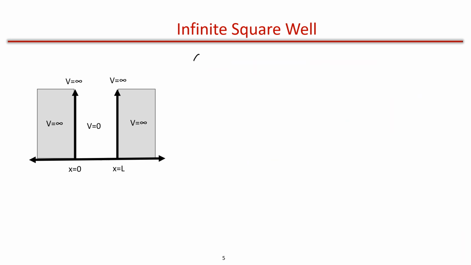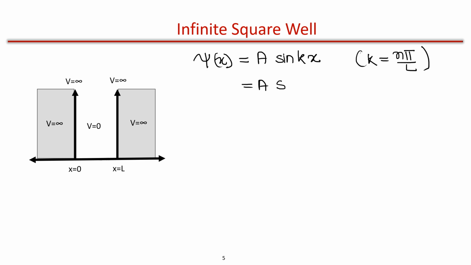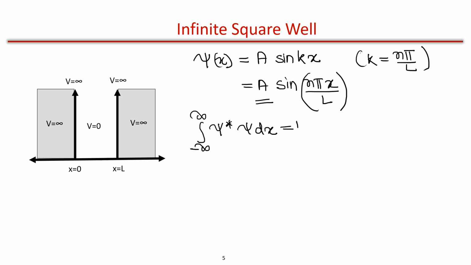So we obtained psi is equal to a sin kx, where k is equal to n pi by L, or we can write a sin n pi x by L. Again, we have to find out the value of a, which we can find out from the normalization condition, that is, integral from minus infinity to infinity of psi star psi dx is equal to 1.